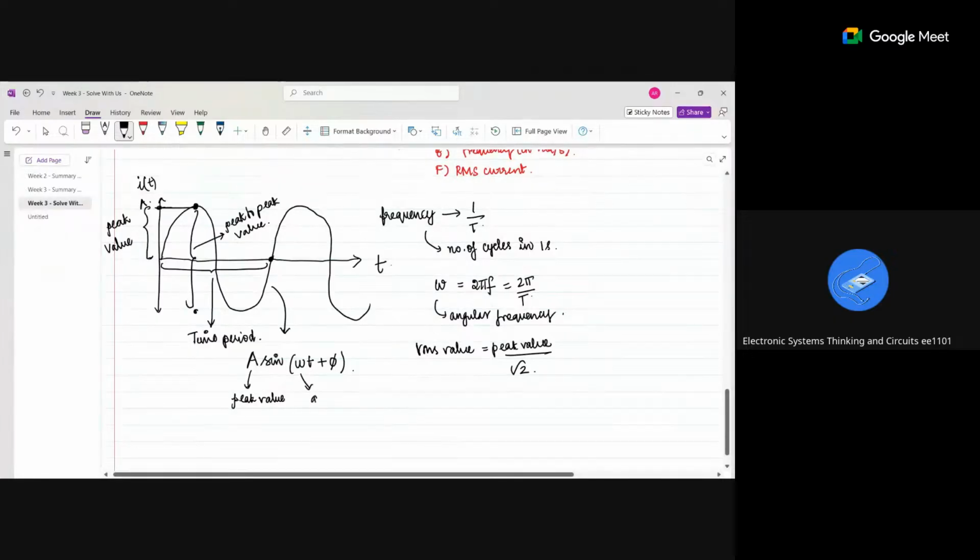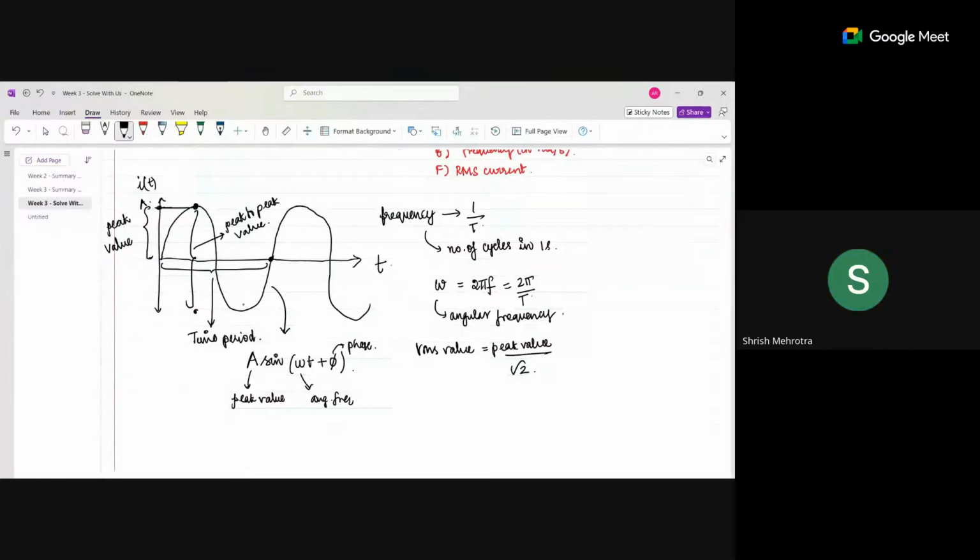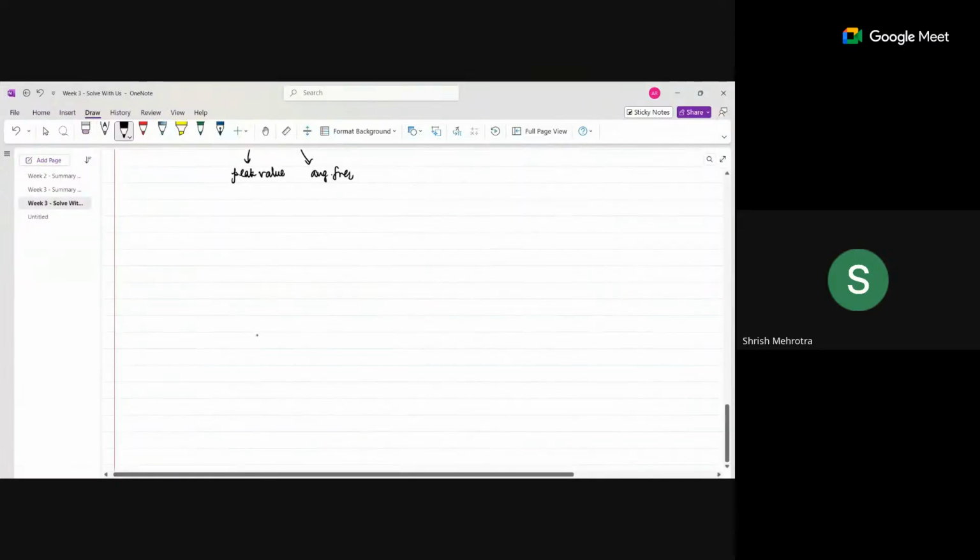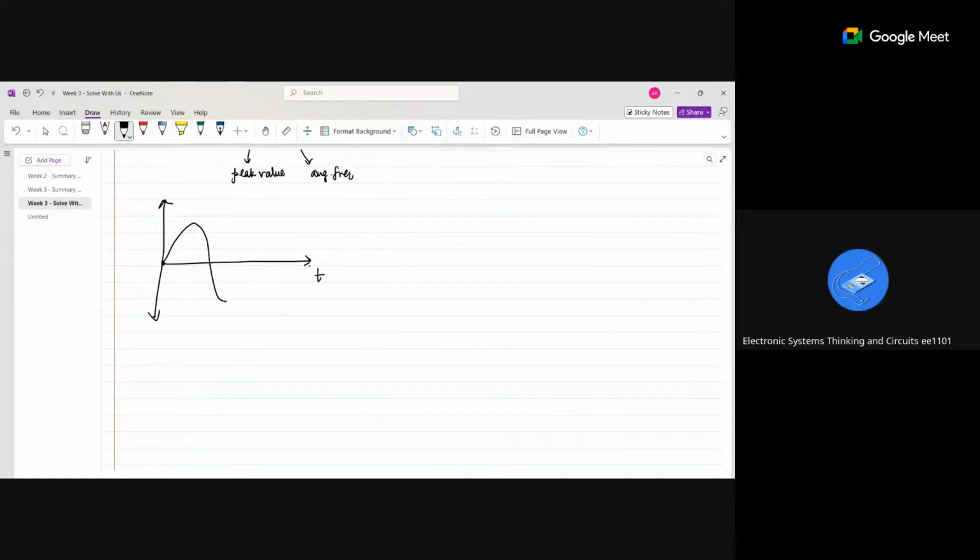Omega is angular frequency. Phi is phase. How to calculate this phase? So I will take 3 sine waves. So this is a sine wave here.